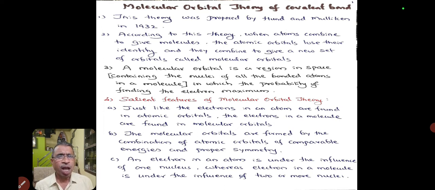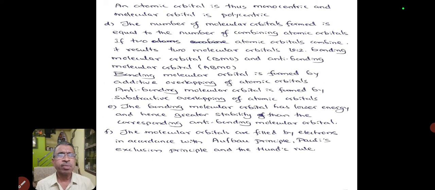The third: an electron in an atom is under the influence of one nucleus, whereas an electron in a molecule is under the influence of two or more nuclei. An atomic orbital is thus monocentric and a molecular orbital is polycentric.